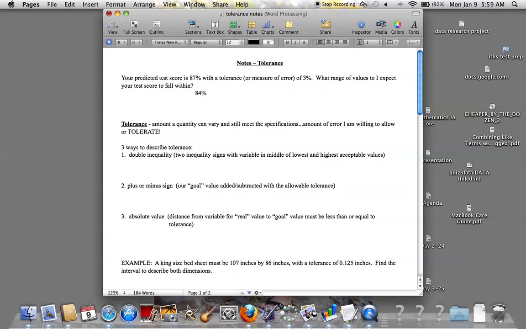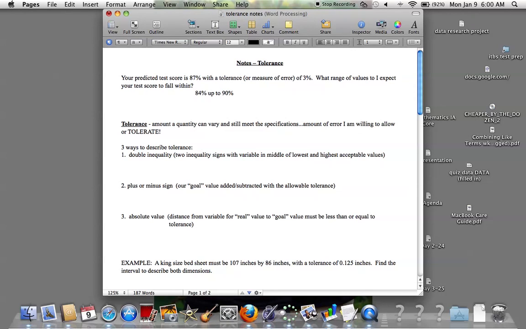And it would range anywhere from that low value of taking off that 3% to the value where you add the 3%. So we would expect your test score to be somewhere between the 84% up to, and we'll find a better way to write this in a little bit, but up to 90%, because 87% plus the 3% on the high end puts me at 90.